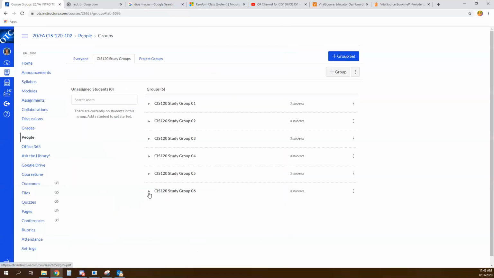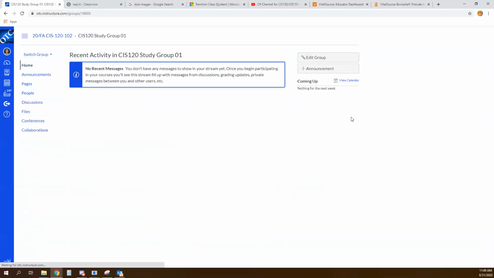Then you're going to expand those groups to find yours. You guys already know which one yours is. And over here on the side, you're going to have one group that doesn't have a lock. That's your group, right? And then you're going to choose visit group homepage. Yours looks just a little different than mine.